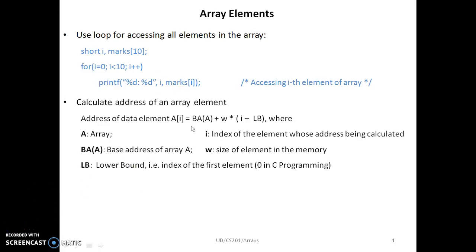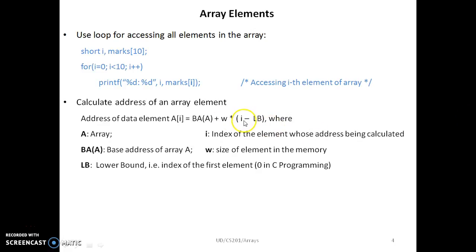The array elements are all stored in consecutive memory locations. So if you are taking a specific array element, say A[i], then you can calculate the address of that element in memory, provided you know the base address or the starting address of the array, and the size of each element. Now, if the element type is short, then the size value is going to be 2, which is to be multiplied with the number of elements before it.